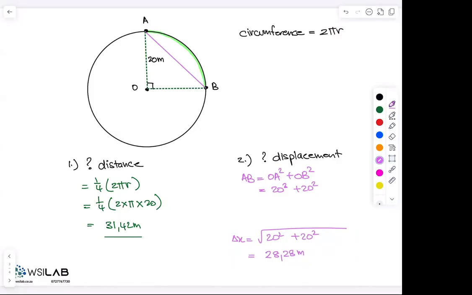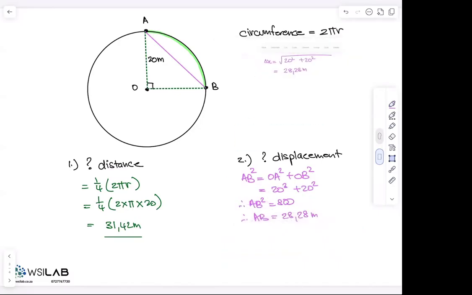Therefore, AB squared is 800, so AB is the square root of 800, which is 28.28 meters. Just redo that. I did get the number, I just rounded it. No, you can't. You have to use 2 decimals.